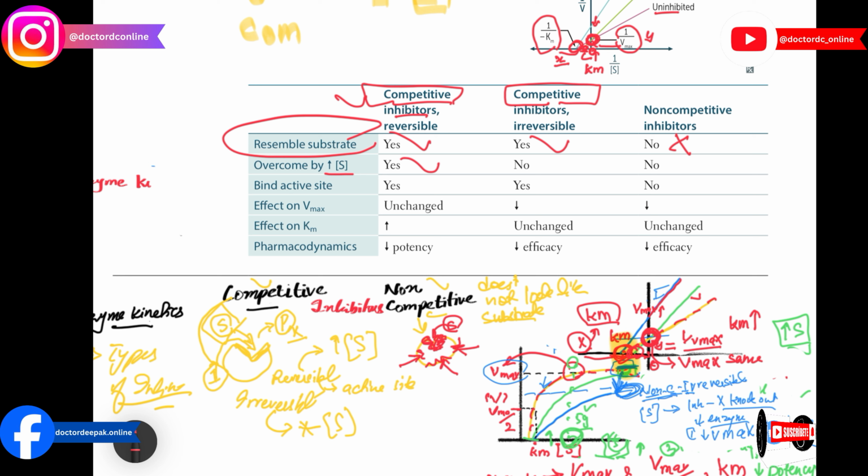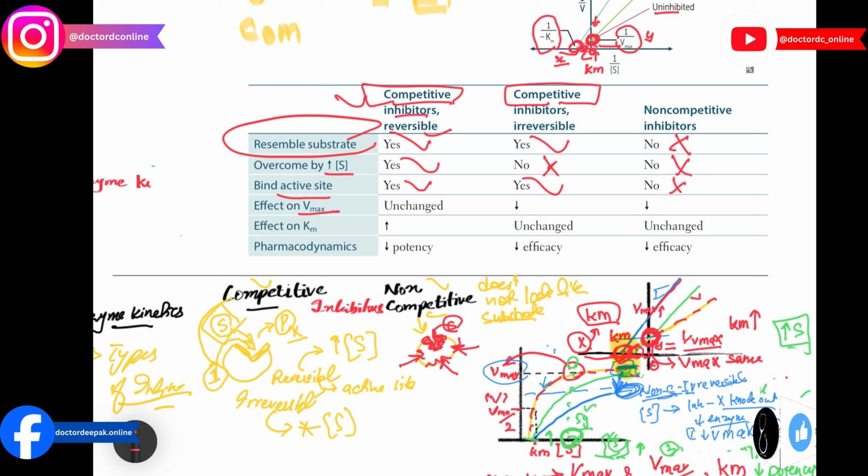Of course, reversible will be, but irreversible will not, and non-competitive also not. They will bind to the active site, because competitive inhibitors bind to active sites, whether reversible or irreversible, but non-competitive inhibitors do not. Mostly they will bind allosteric sites.